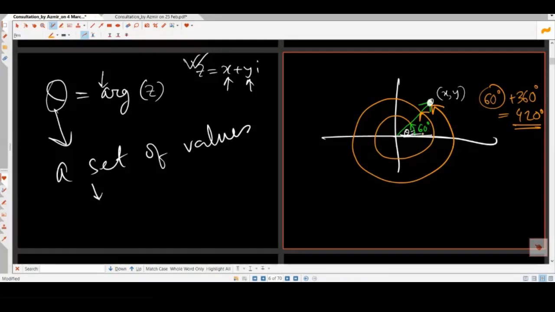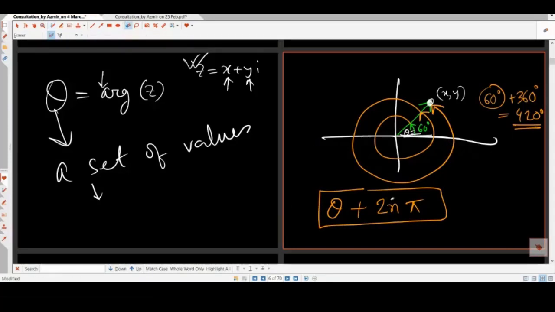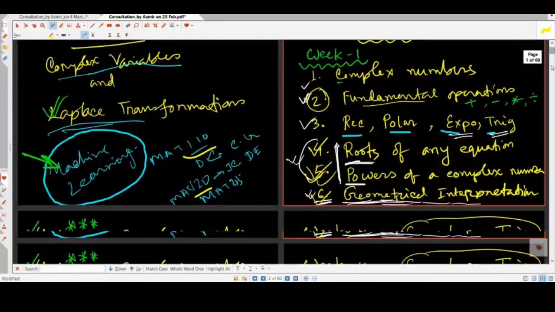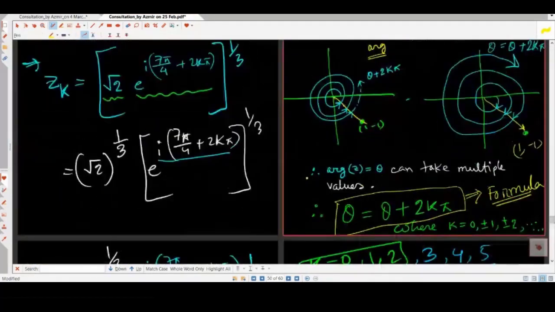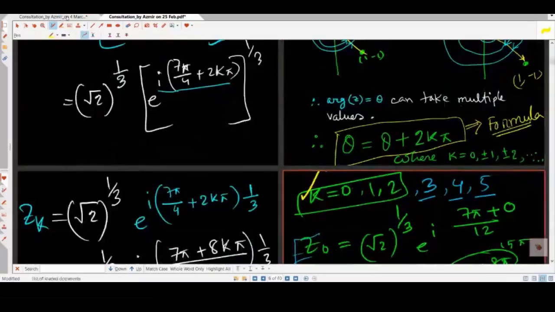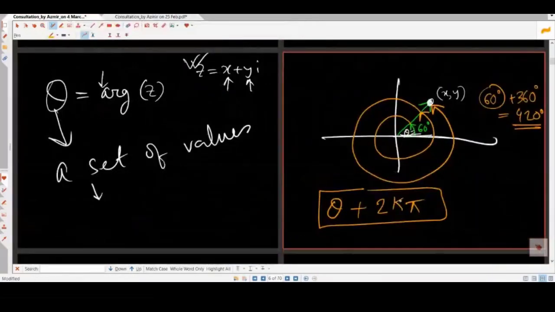So that means theta plus 2n pi. This is the concept. If we make one rotation, let me use here k, because in the last consultation I have used k here, so that's why I'm using k here.